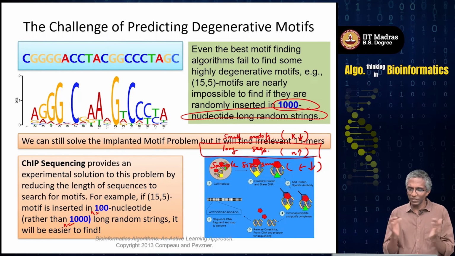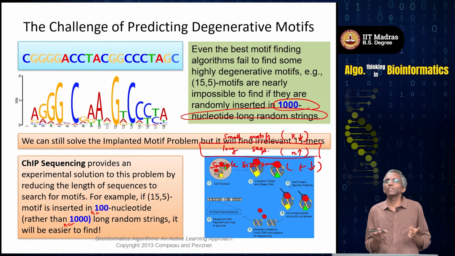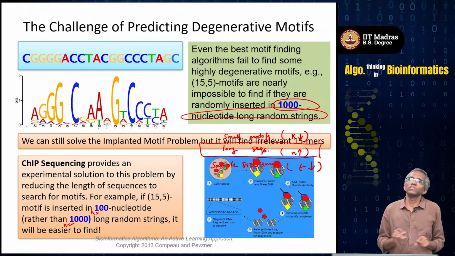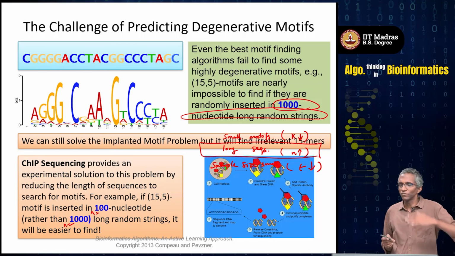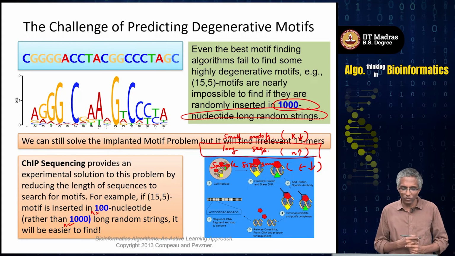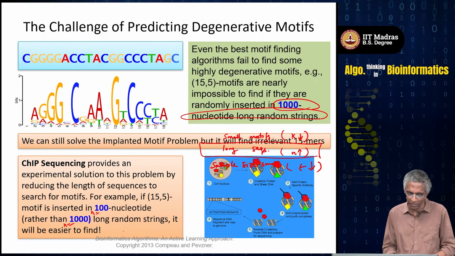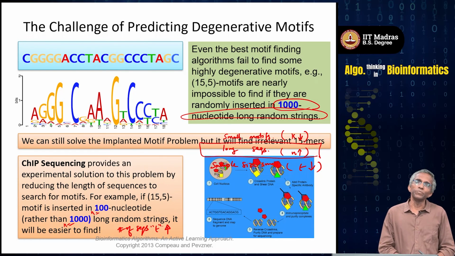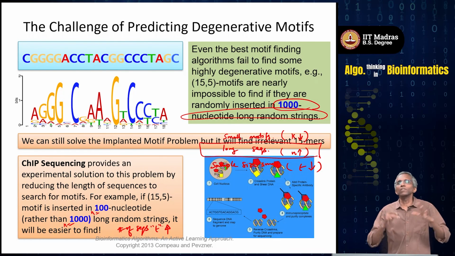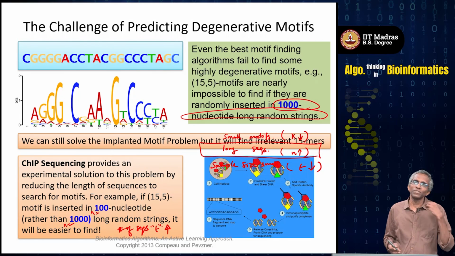Now when n has become smaller, then it is easier to find a k-mer in the smaller string that you have, if you have enough of your t strings provided. So ChIP sequencing can also increase t, the number of sequences. That can go up in ChIP-seq because you are looking at all the positions in the genome where a particular transcription factor binds.